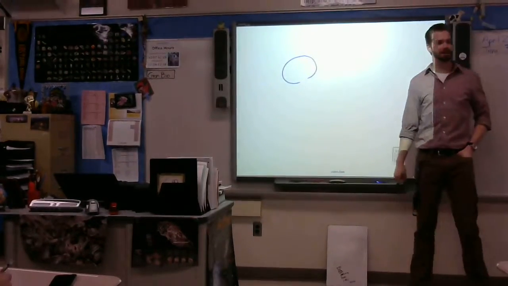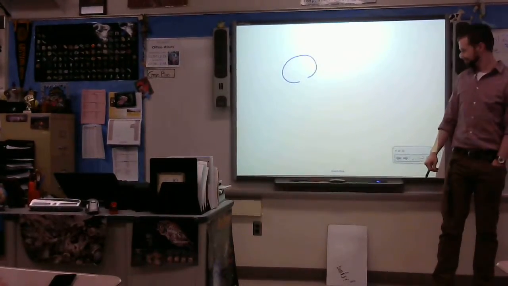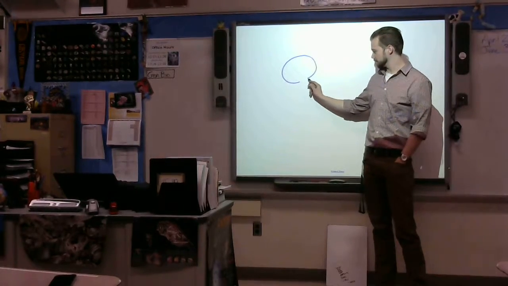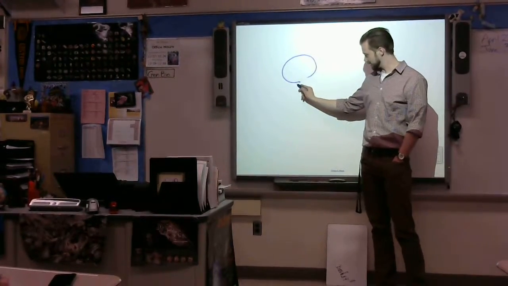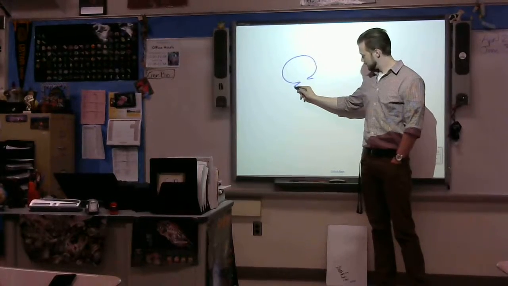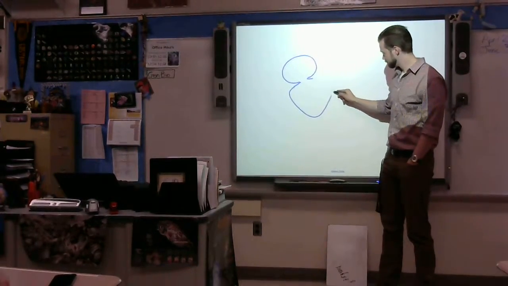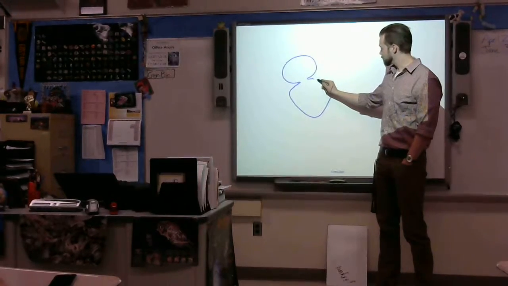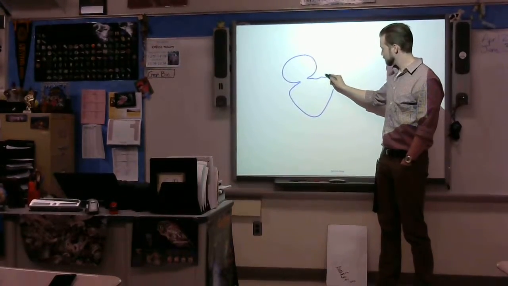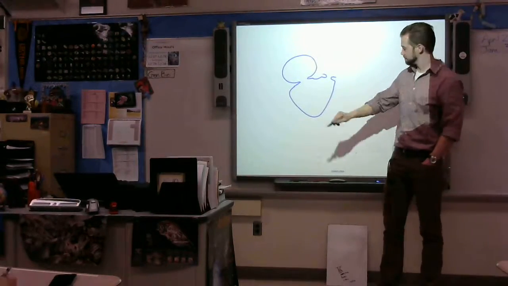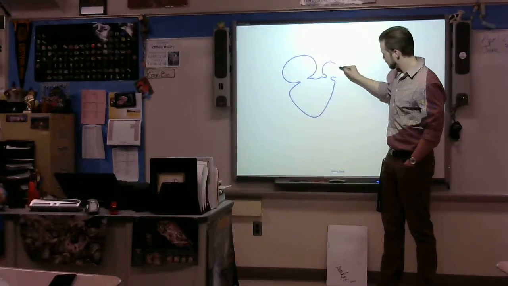I just drew the right atrium. The right atrium is connected by these atrioventricular valves, so give it a little flap. The atrioventricular valve leads to the ventricle. These will then lead to another set of valves, the semilunar valves, which will lead out of the heart.